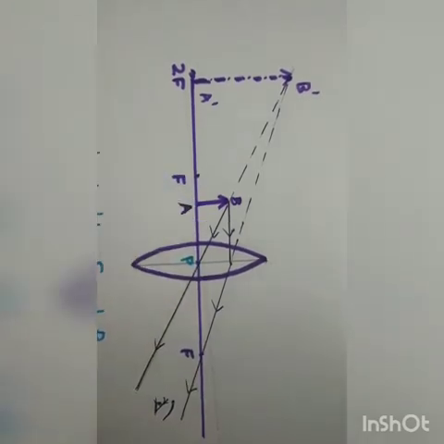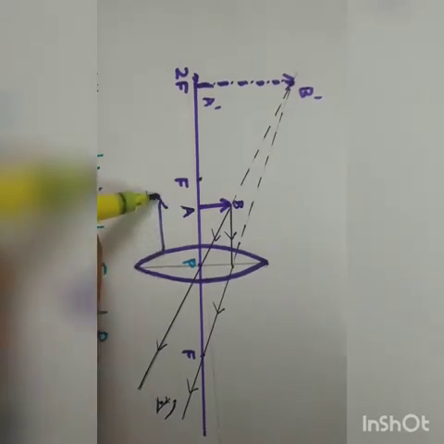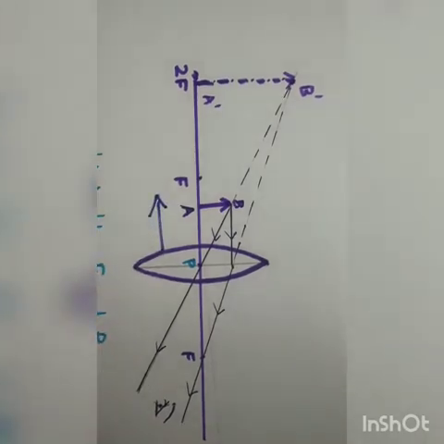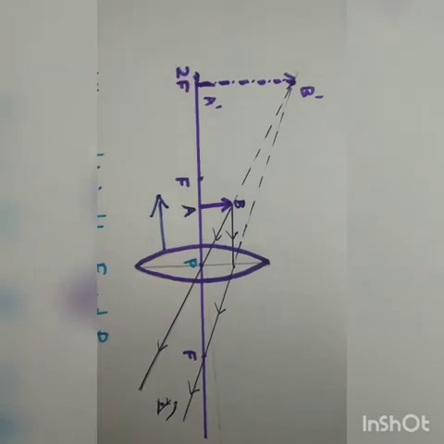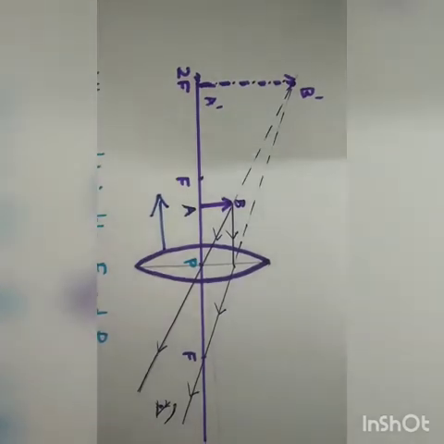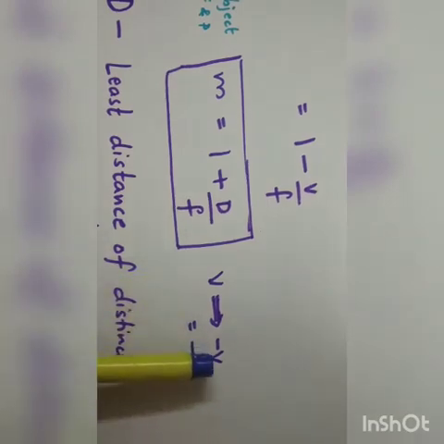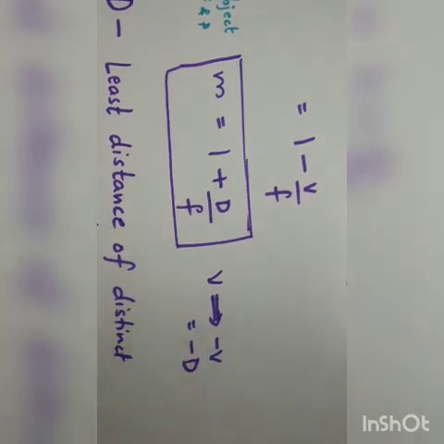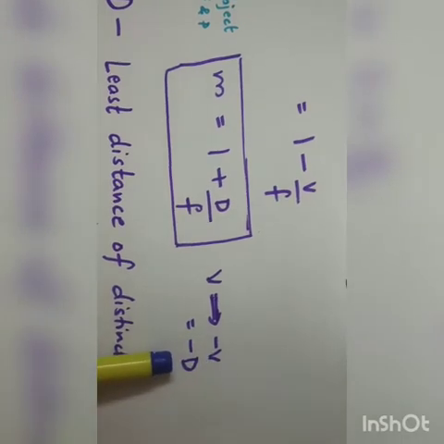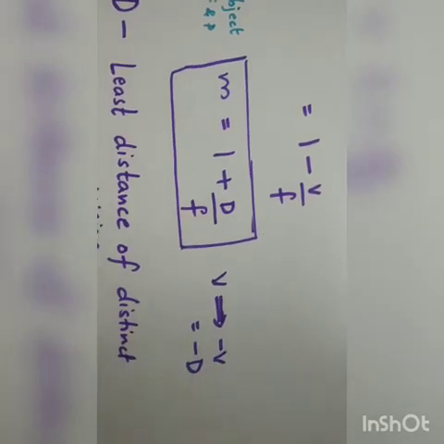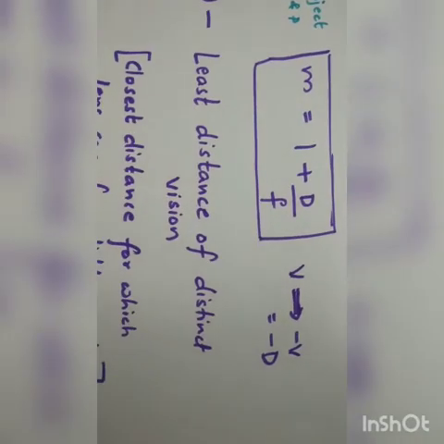Towards this side, it is negative. So here we are measuring in this direction. The image is formed on the same side. So V is negative. So instead of V, I have given negative V because of sign convention. And instead of V, I am going to use the term D. D is a new term. What is this D? Listen to me very carefully.